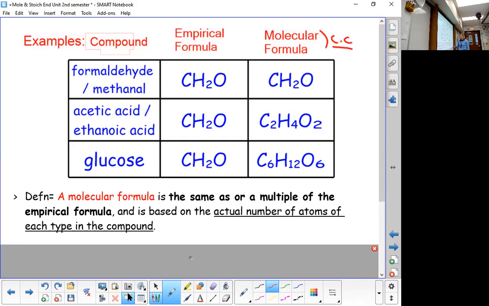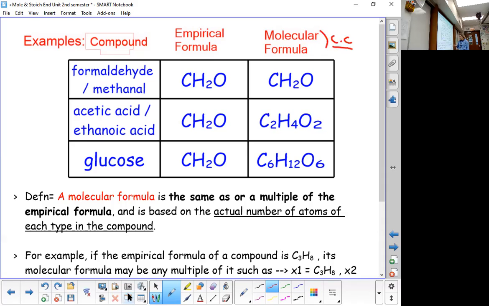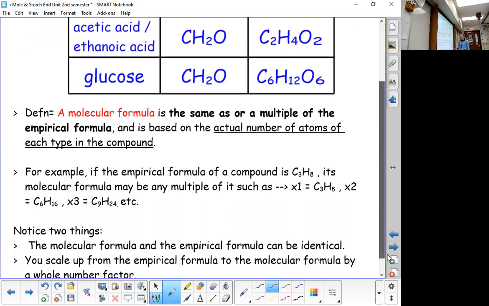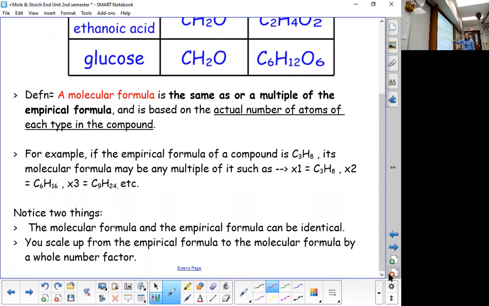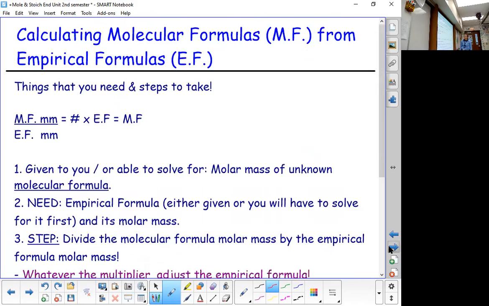But for covalent compounds, it could be a multiple of that. And so, how do you get that? If a compound was C3H8, its molecular formula could be C3H8. It could be C6H16, C9H24, etc. And it's always a whole number factor.